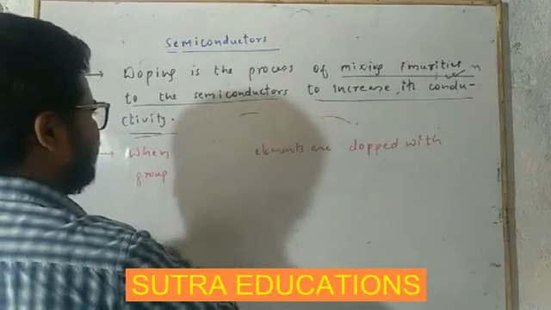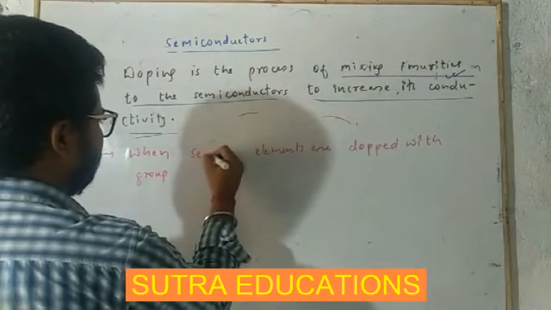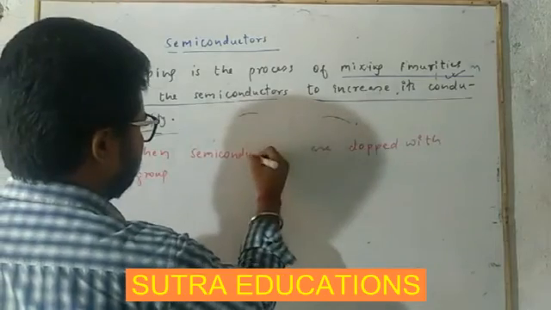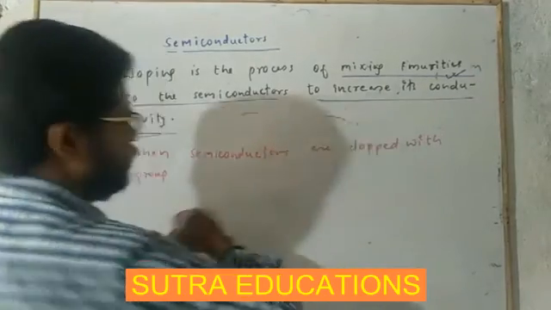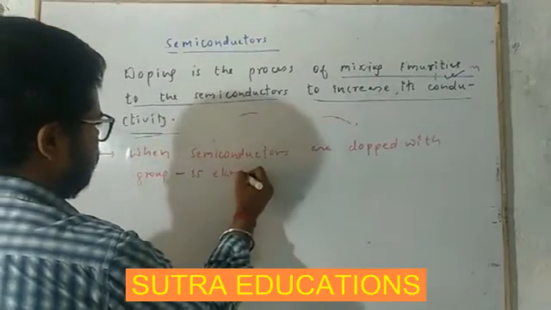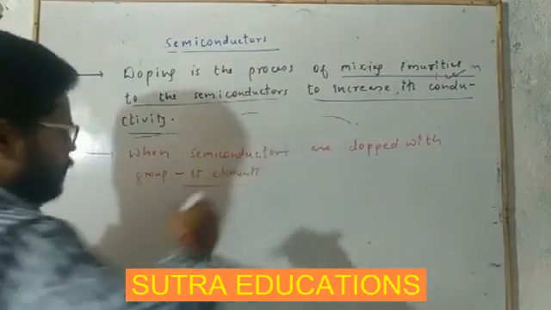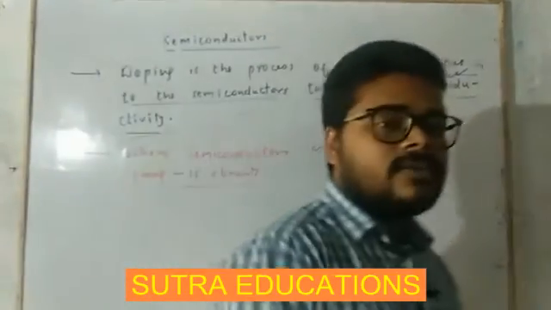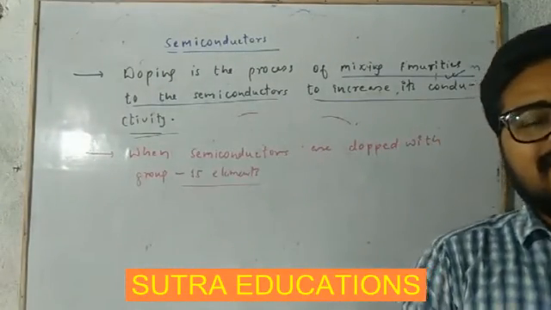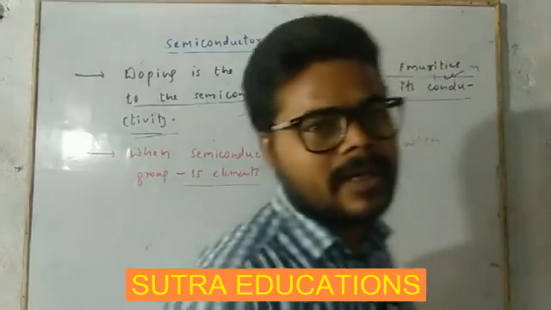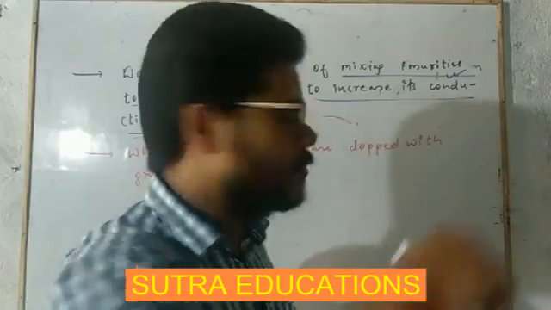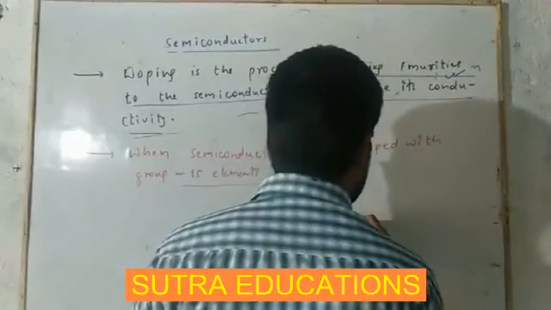So when semiconductors are doped with group 15 elements. I told you semiconductors are group 14 elements. Say it is silicon, which is 14, and I have told you outermost or valence electrons are 4. So in one silicon, 4 electrons are present.